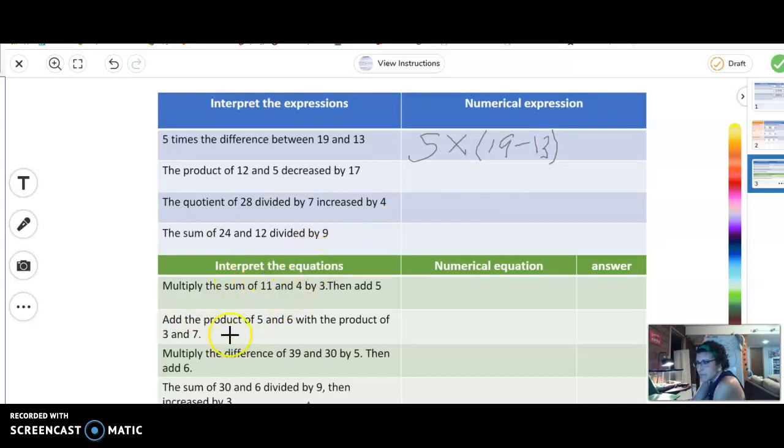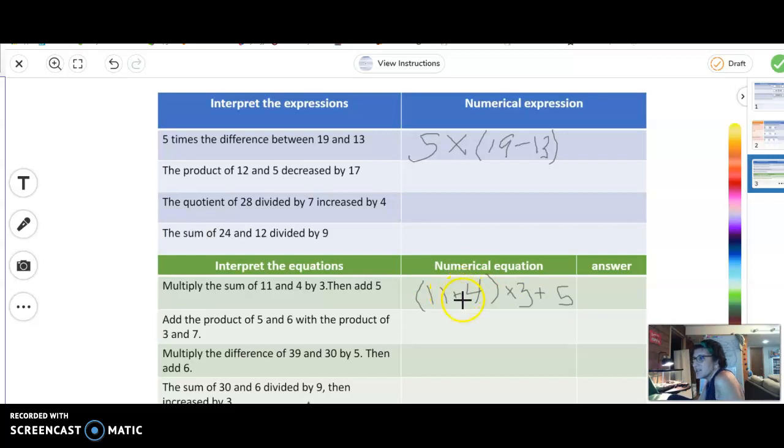You're going to multiply the sum of 11 and 4 by 3, then add 5. Ooh, toughie. So we're going to add 11 and 4 first. Then we're going to multiply that times 3, and then we'll add 5.